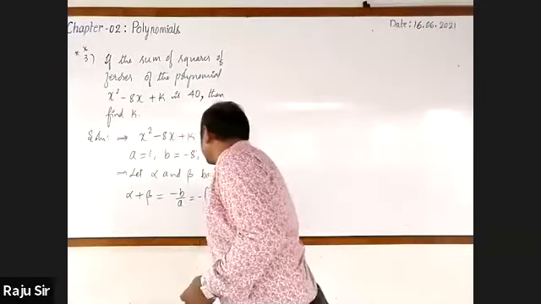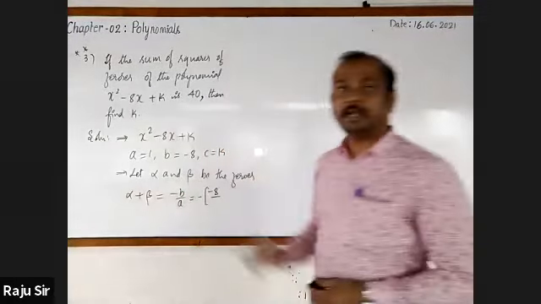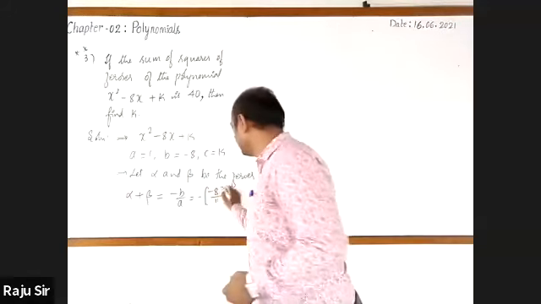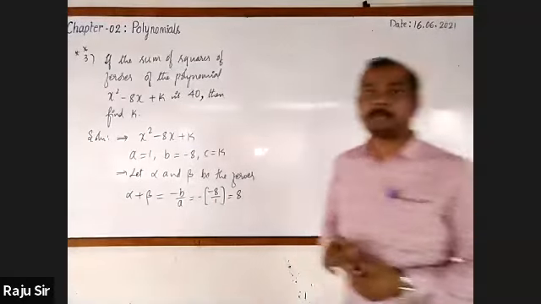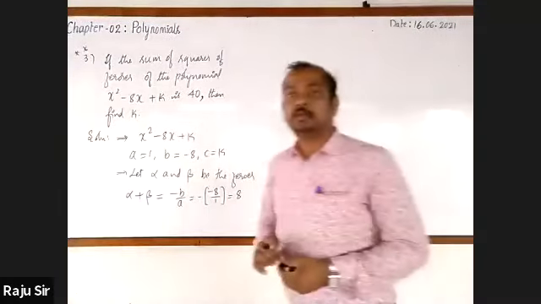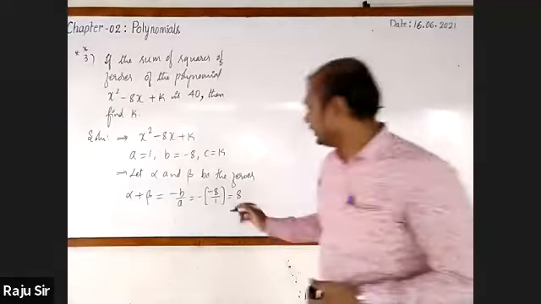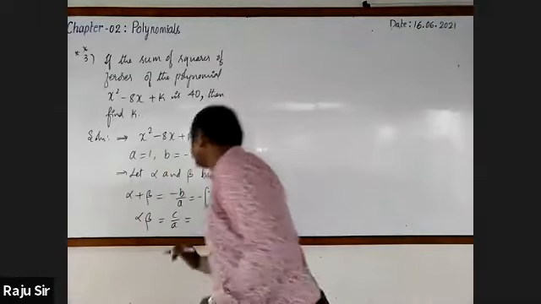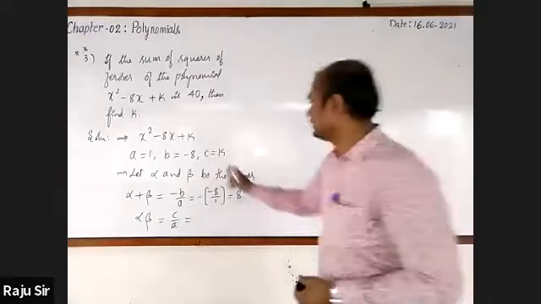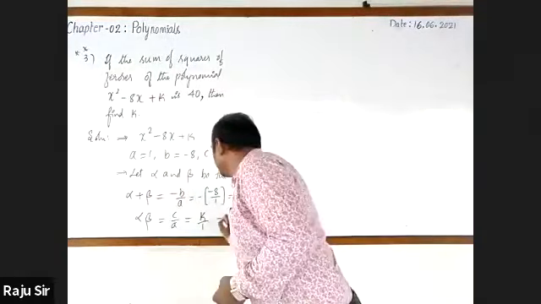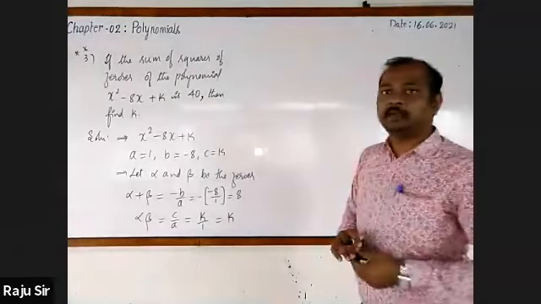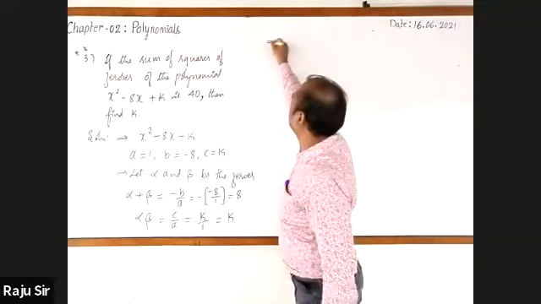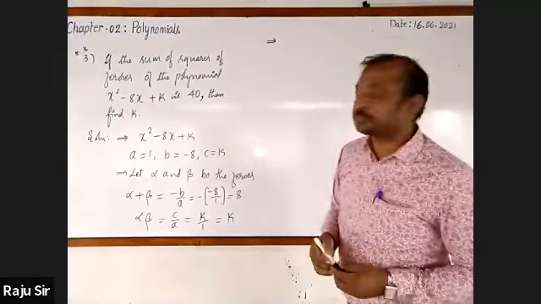B is minus 8, a is 1, so it is equal to 8. Then alpha into beta is c by a, where c is k and a is 1. It will be k.